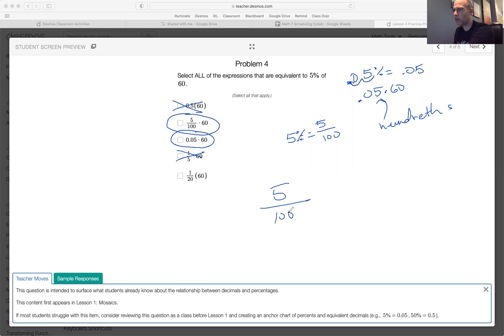Does 5 hundredths equal 1/20th? Are they equivalent fractions? I think they are. If you divide the top of this fraction by 5 and divide the bottom by 5, you would get 1/20th. So this says 1/20th times 60. That's the same thing as 5% times 60, 0.05 times 60. All right, let's look at the next one.